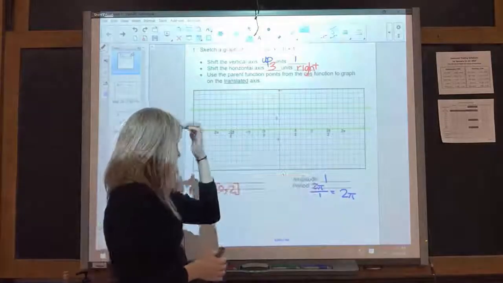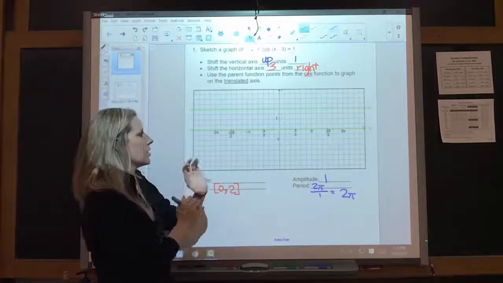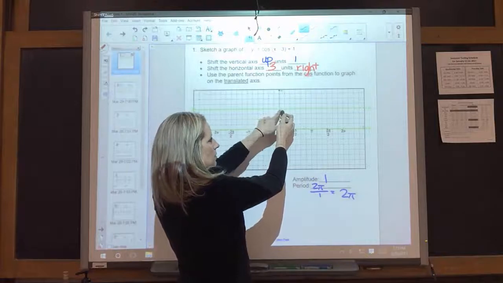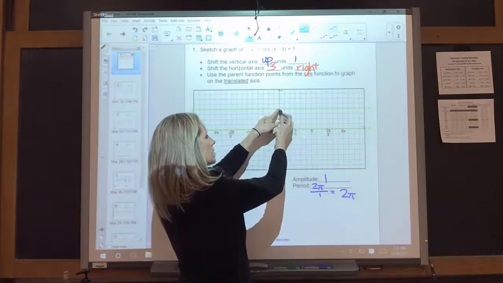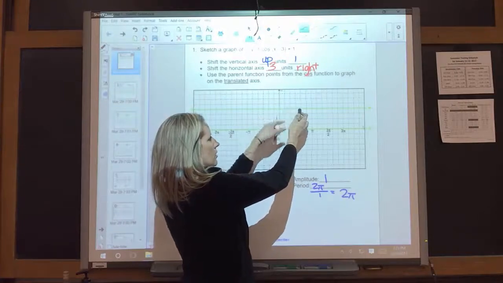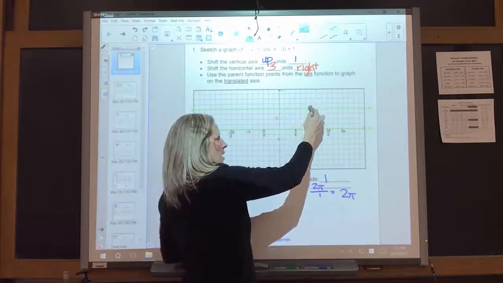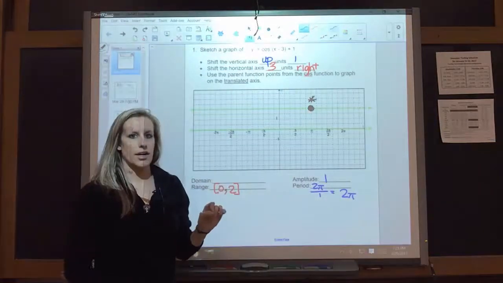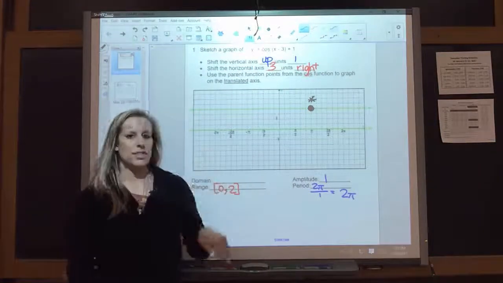Okay, so we're starting out at the top, but instead of starting out at 0, we need to move to the right 3. So we're going to go 1, and I'm skipping every other one here, 1, 2, 3. And that's going to be my origin, my starting point of the cycle.